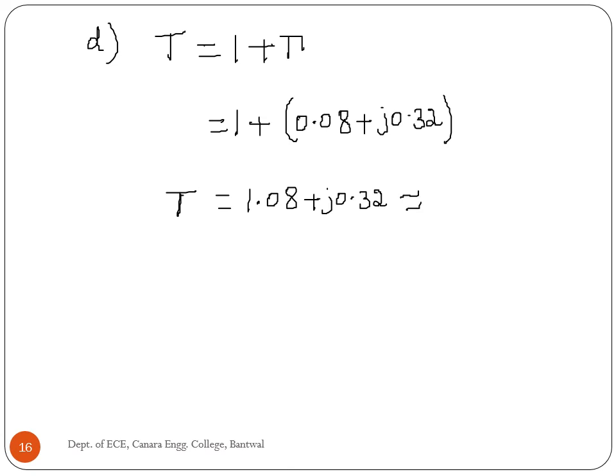Which is nothing but the value what we got, 1.07 plus j0.32. Right hand side is equal to left hand side.